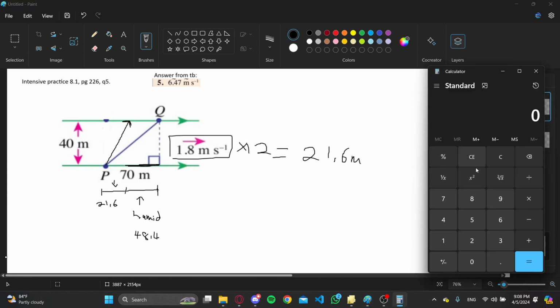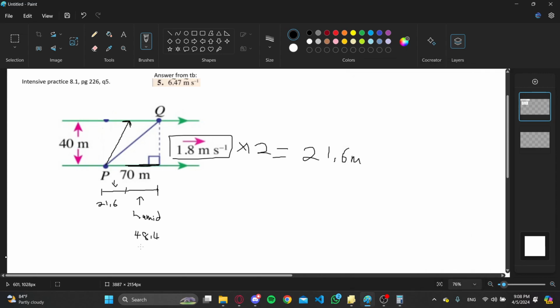My mental math is not very good. Okay, so this is how much Hamid's boat travels in the right direction. Let me just draw that vector here. So now we need to figure out how much he travels in the upwards direction that carries him vertically from P to Q.